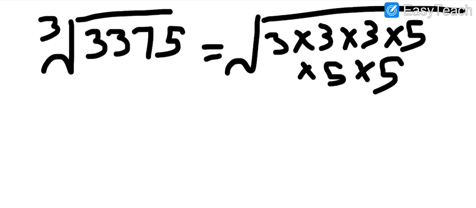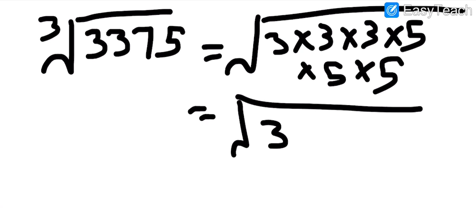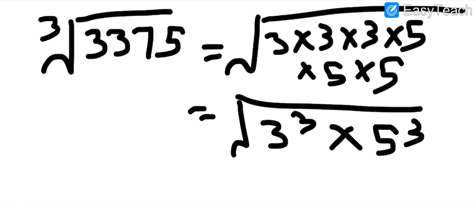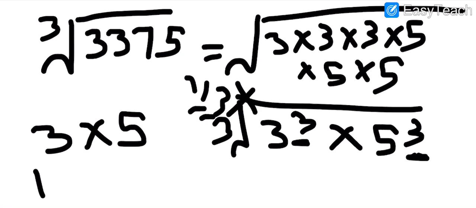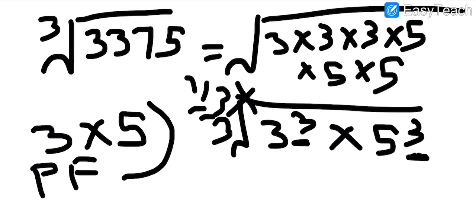So now 3 times 5 means, can I write it like this? Which means this and this 3 will be cut with this cube because it's 1 by 3. And we have 3 into 5 as the prime factors of cube root of 3375.